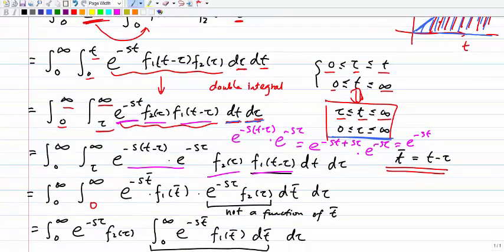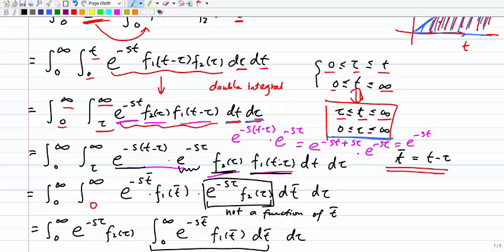Now what we do over here is we put this together. We shift this e minus s tau and f2 tau over here, and then we put these two together, e to the minus s times t minus tau and f1 t minus tau.